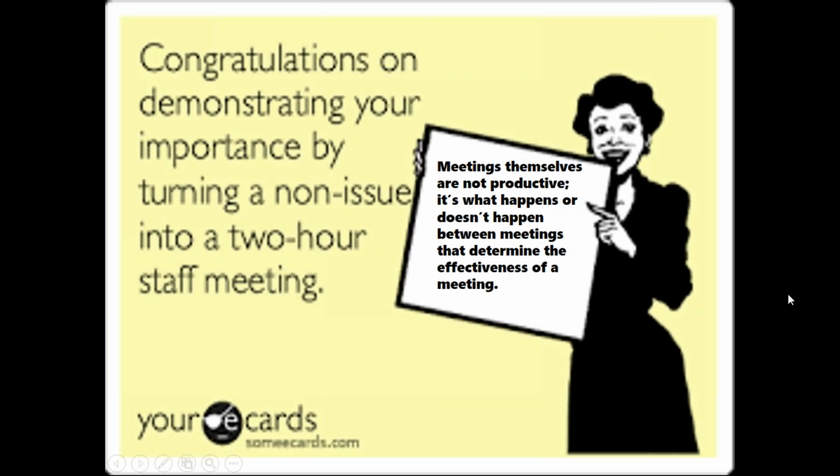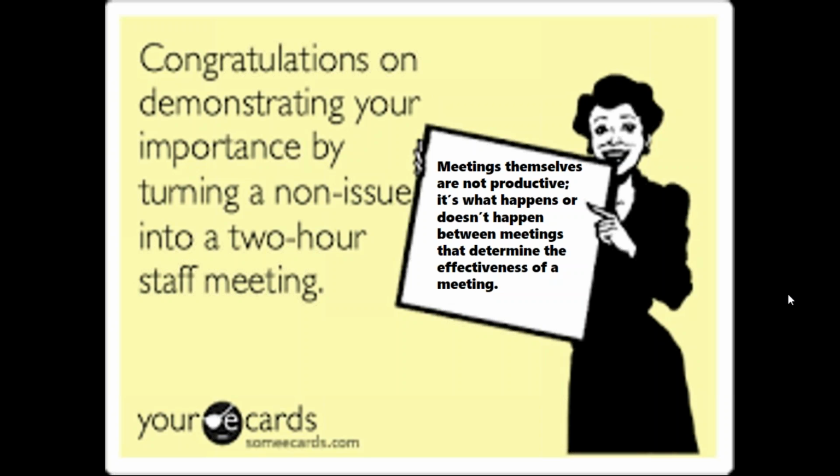All right, now here's a thought, and I want you to think about this because I think sometimes people get confused about meetings and what their purpose is. But meetings themselves are not productive. Have you ever thought about that? It's actually what happens or doesn't happen between meetings that determines the effectiveness of the meeting.